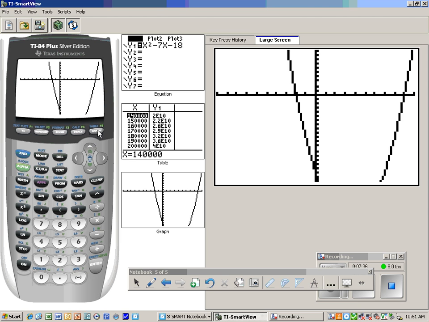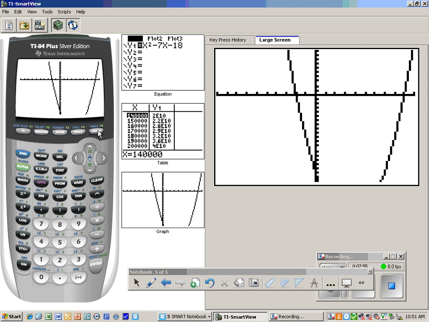So that's better, but I still don't see the whole graph. I also notice that there are a lot of tick marks on the y-axis. The next time that I change Ymin, I'll also change the Y scale to reduce the number of tick marks.